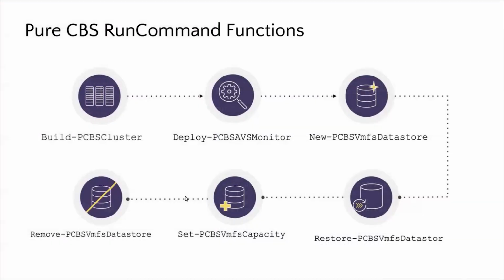So let's go through a couple of those functions. The first one is build CBS cluster. This is the first command you need to execute once you deploy the offer. We're going to go through what the deployment looks like, but those are the main functions that you need to do on a daily basis, or just execute once when you want to integrate CBS and AVS.